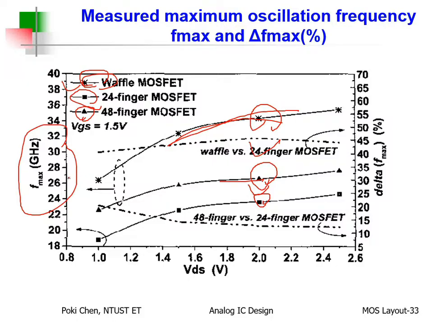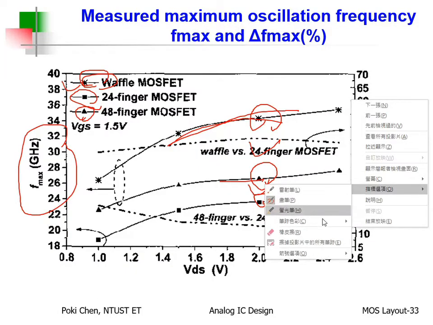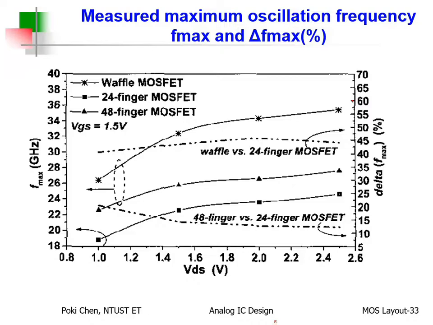Anyway, nothing is free. You need to pay some price. And what is the price? This is a very good point for you. See, according to variation, if we normalize the others with the worst case, you can see for the waffle structure versus the 24 finger MOSFET, almost 50% more in variation.